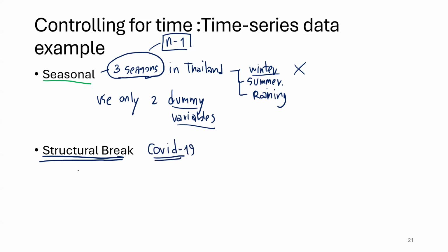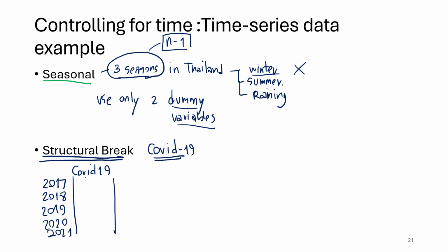Across the years 2017, 2018, 2019, 2020 and today, before COVID-19 you set it equal to 0, and after COVID-19 you set it equal to 1.